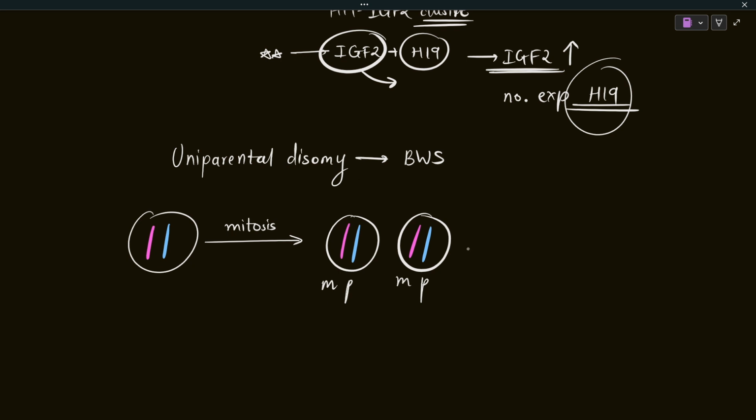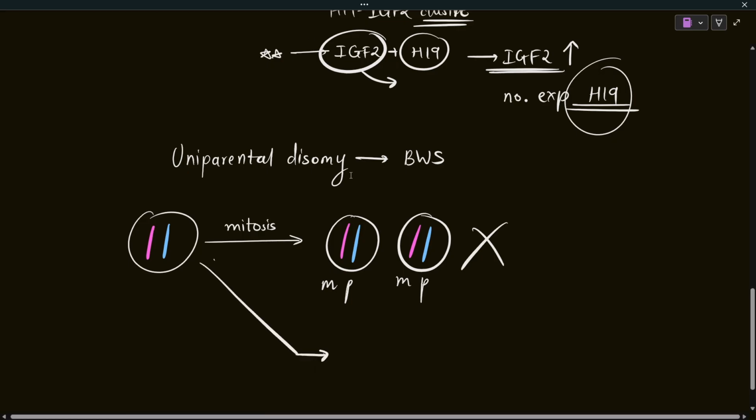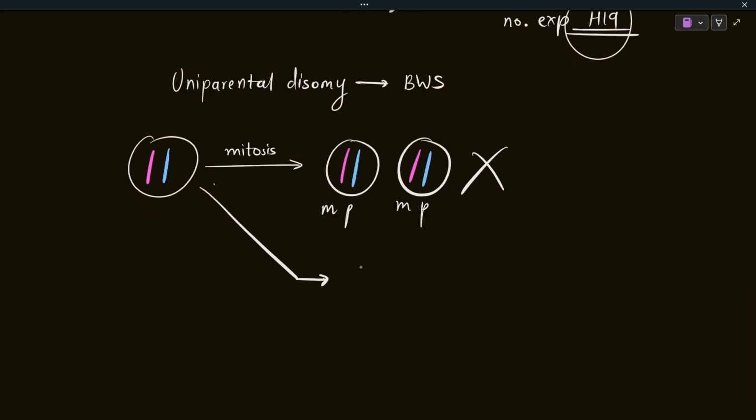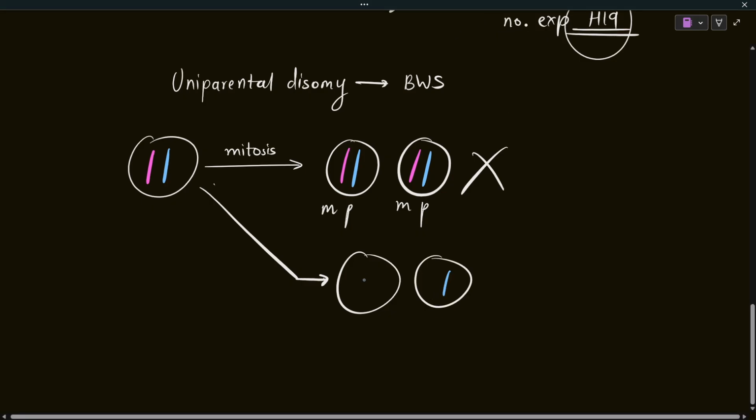But if something goes wrong, the chromosome distribution in the daughter cells goes wrong, and it results in this, let's say. There are three chromosomes in one daughter cell, and only one chromosome in the other daughter cell.